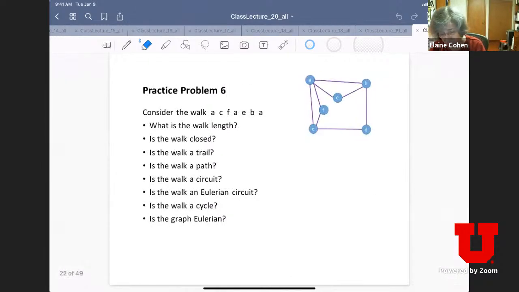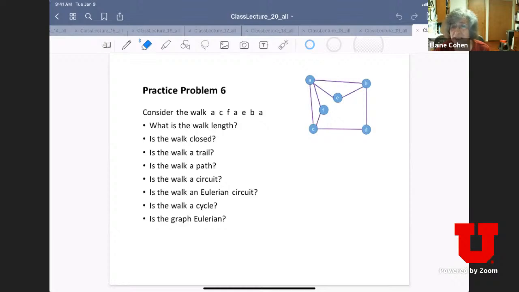Okay, good. Here's a practice problem. Consider the walk that goes from A to C to F to A to E to B to A. What is the length of the walk? The man says 6.